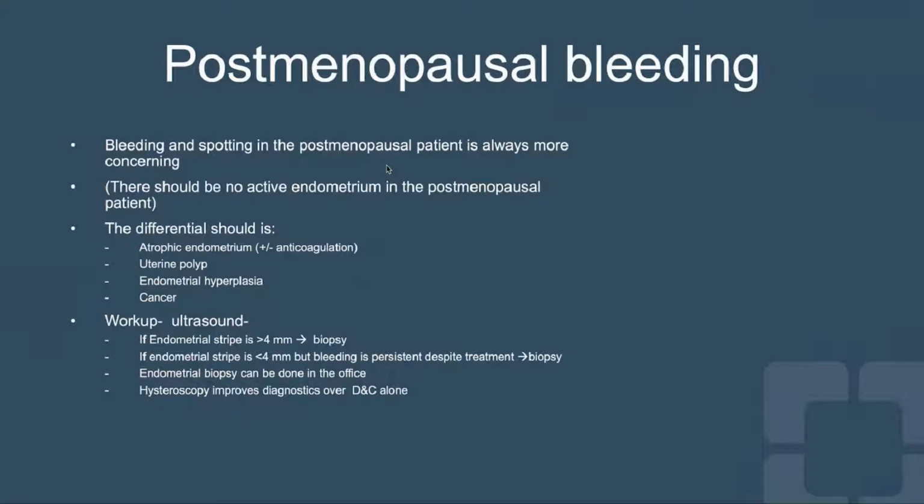Now, anticoagulation can often be associated with this, and so sometimes we'll see atrophic endometrium with anticoagulation, and that will be a heavier bleeding, so it's important to keep that in mind. A uterine polyp can also cause this bleeding.